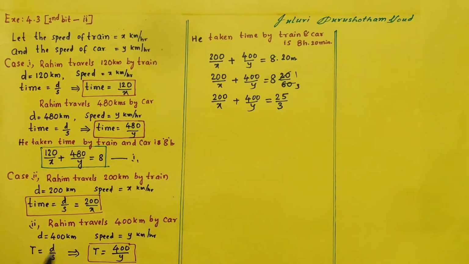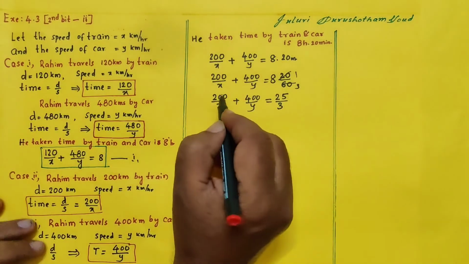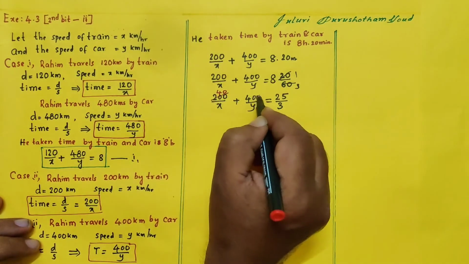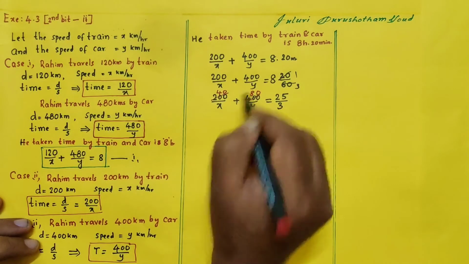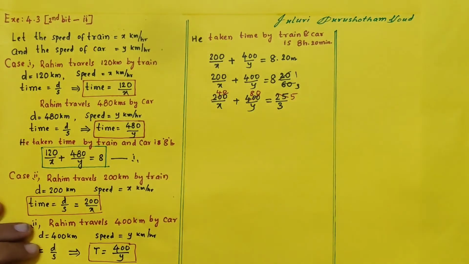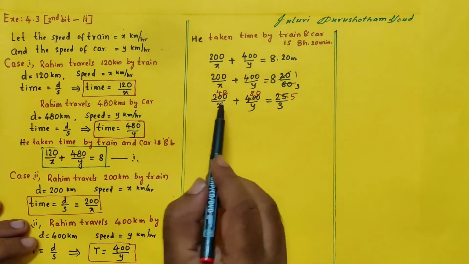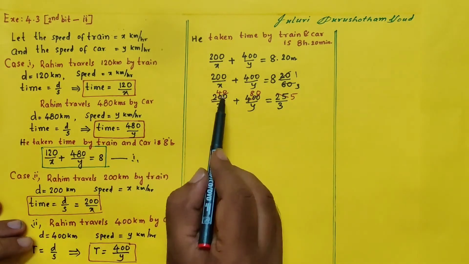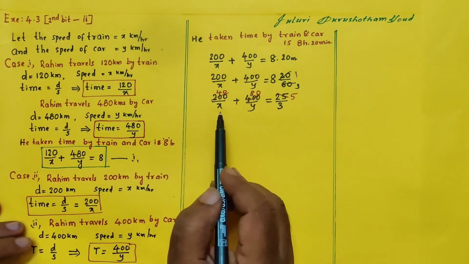If we multiply by the 5 table, 5 eights are 40, 5 fives are 25. Again it will go by the 5 table, but if we go by the elimination method, we need either x coefficients the same or y coefficients the same. Here 120 is there, here 40 is there. How to convert 40 to 120?